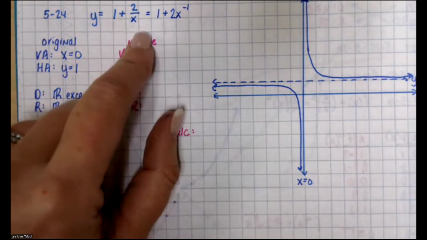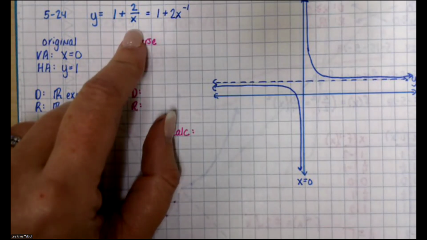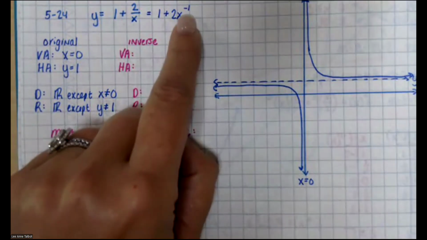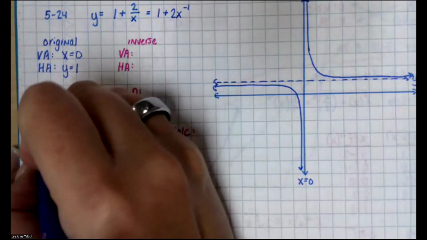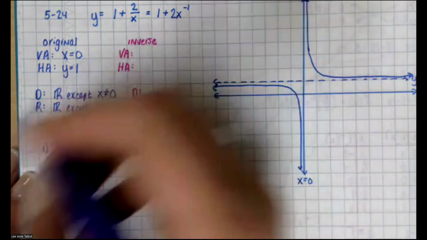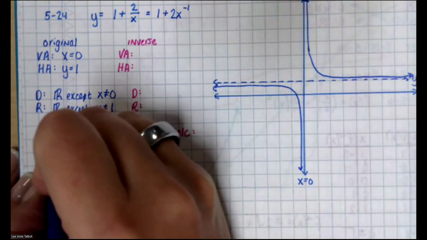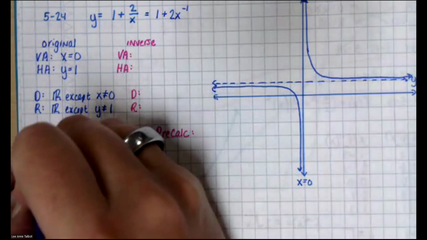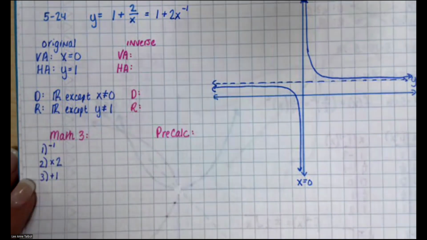So remember, fractions are negative exponents. Now, what's the first thing I did to it? The first thing I did to it was a -1 exponent. Then times 2, then plus 1.